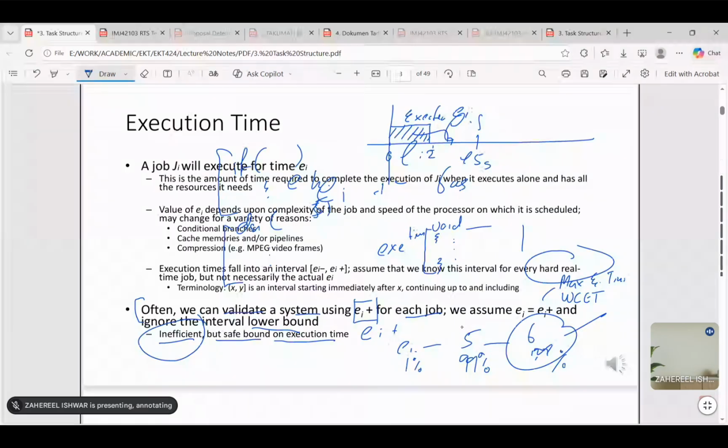But in real-time system, our main concern is the safety of the system. If you remember by the definition in our first lecture, what is a real-time system? A system that if it fails, then we are talking about loss of life, huge amount of loss of money. Means something catastrophic, something very severe will happen if your system fails.